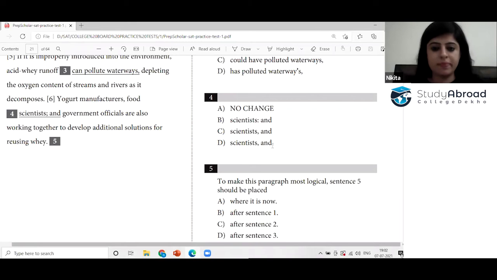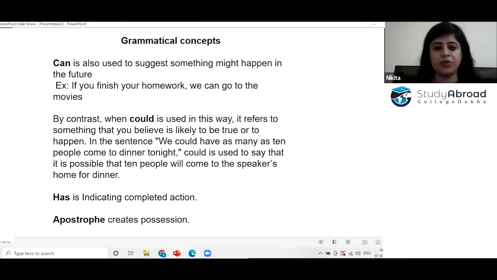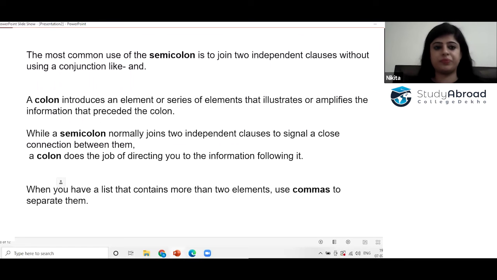Question is essentially paying attention to the punctuation, which is part of grammatical concepts, right? So we have to make a choice of the correct usage of punctuation in this particular sentence. Now, for this, we should know particularly when semicolon, colon, or commas should be aptly used. Let's have a look.